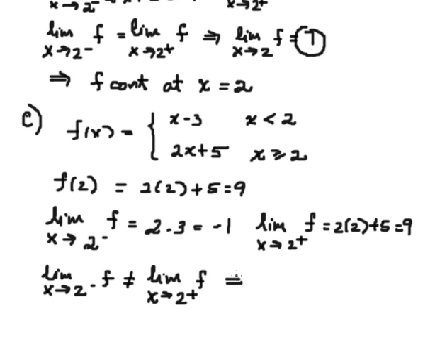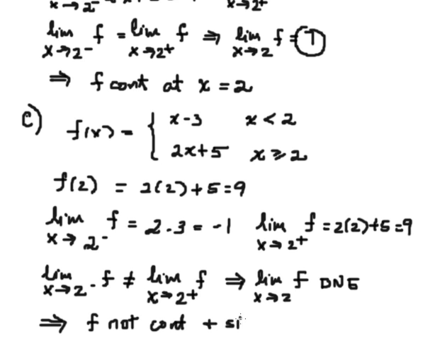So the conclusion is that the limit as x goes to 2 of f does not exist. Therefore, f is not continuous.